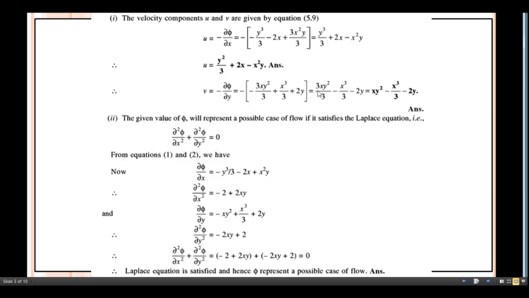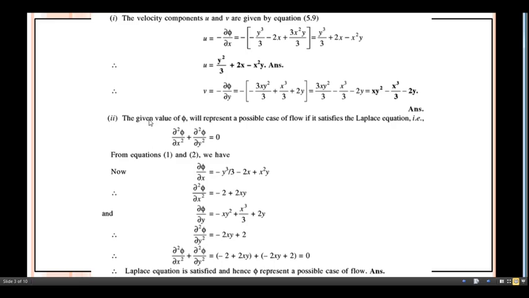So minus minus becomes plus, then minus plus gives a minus sign. Now if you look here, the 3 gets cancelled. Just write down the remaining part: xy square minus x cube by 3 minus 2y will come here. This is nothing but v.